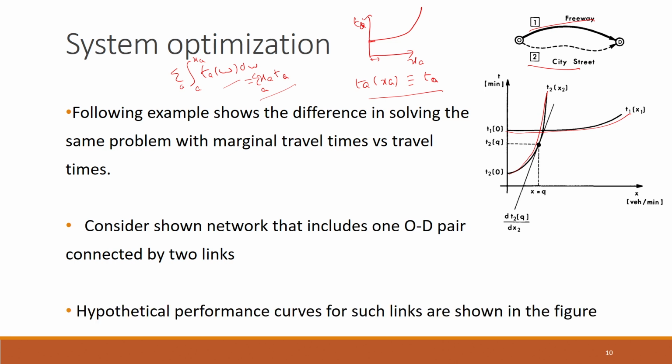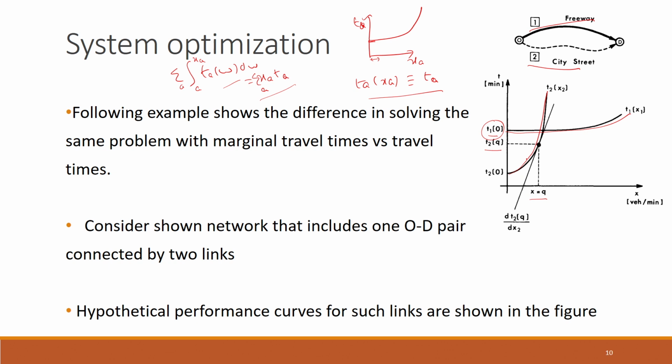Okay, so here suppose that the total flow from O to D is equal to Q. You can see that this Q is such that t_2(Q) is less than t_1(0), that is, even if all the flow takes place through the second link, the travel time that will be experienced on this link will be less than the free flow travel time that is experienced on the first link.